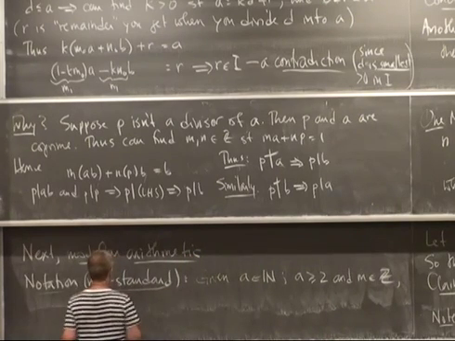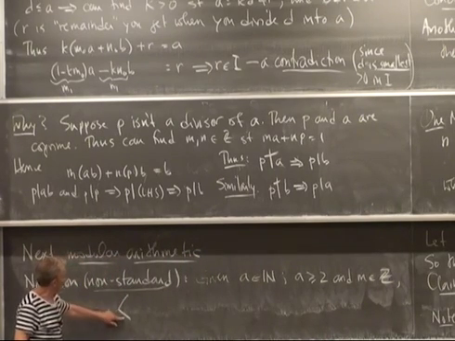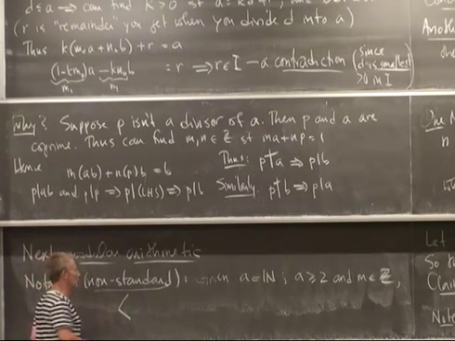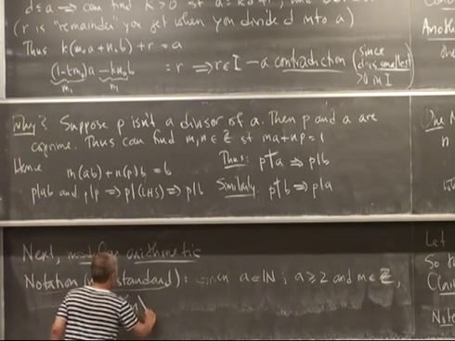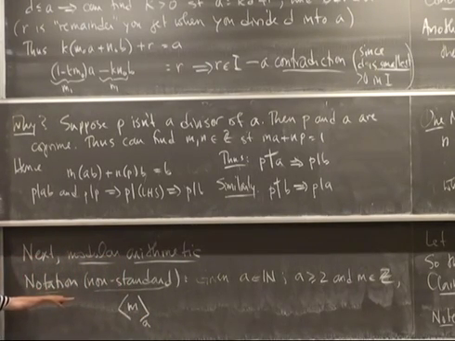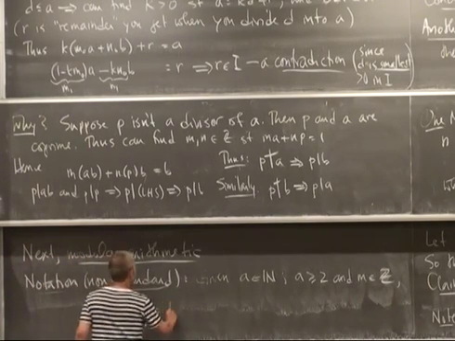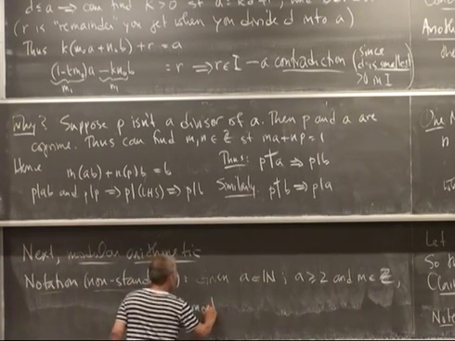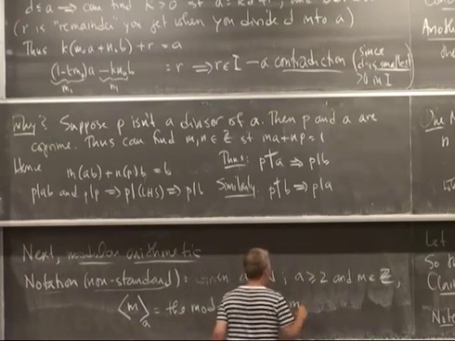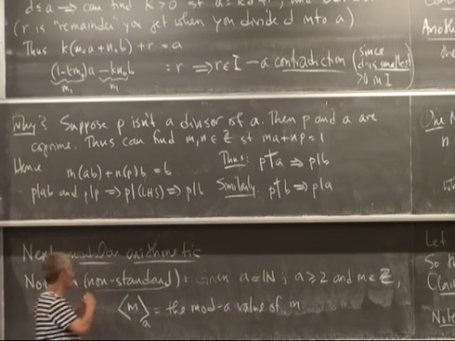This notation, and in the monograph I use a double angle bracket here, I'm just going to use a single angle bracket in class to keep the chalk to a minimum. M mod A, that's how I'm going to pronounce that. That means the mod A value of m, or the value of m mod A. What is that?